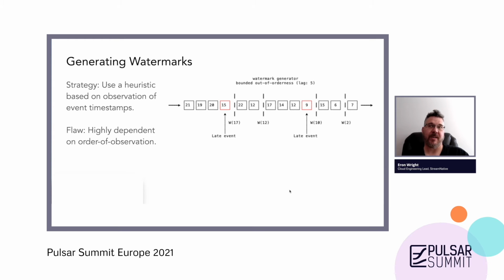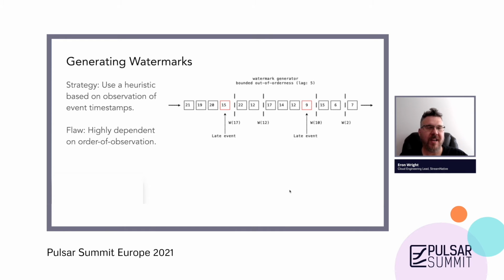And so a pretty typical heuristic is what's called bounded out-of-orderness, which means that if you observe an element with timestamp X, chances are you won't observe any future elements that are much older than X. For example, you might offer a grace period of 1 minute or something like that.